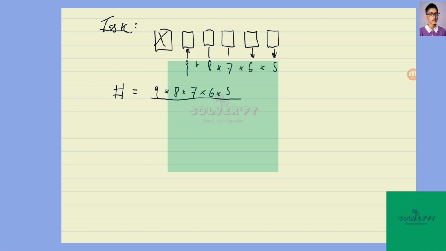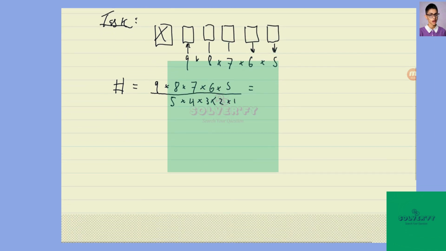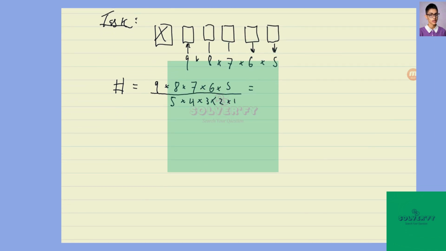And then we need to divide out the number of ways that this pre-group could be arranged. So we would have 5 ways of choosing the first person, and 4 ways of choosing the second person, and 3 ways of choosing the third person, 2 ways of choosing the fourth person, and 1 way of choosing the fifth person. So, the number for our first task is going to be 126.